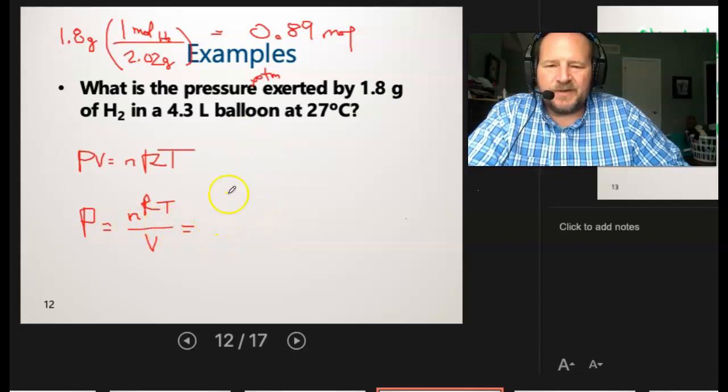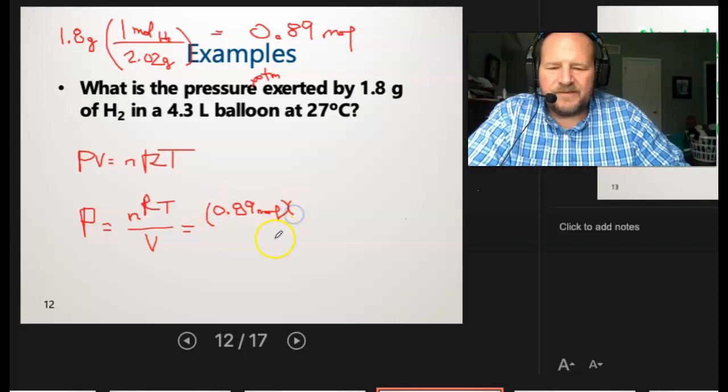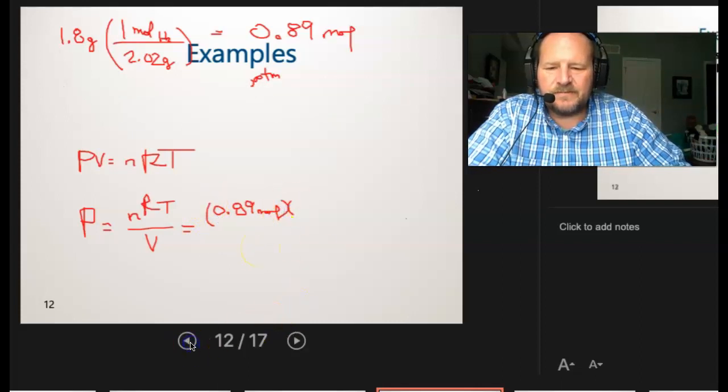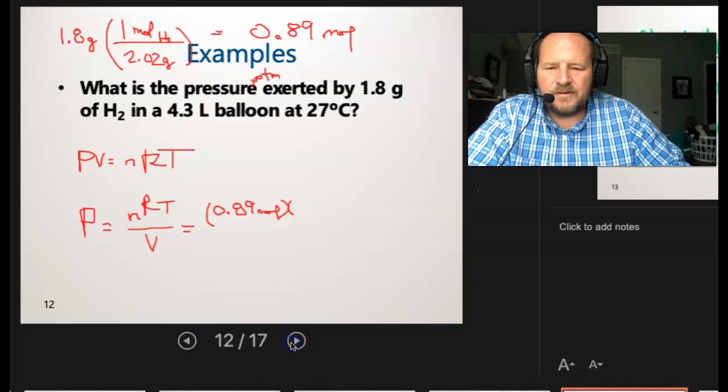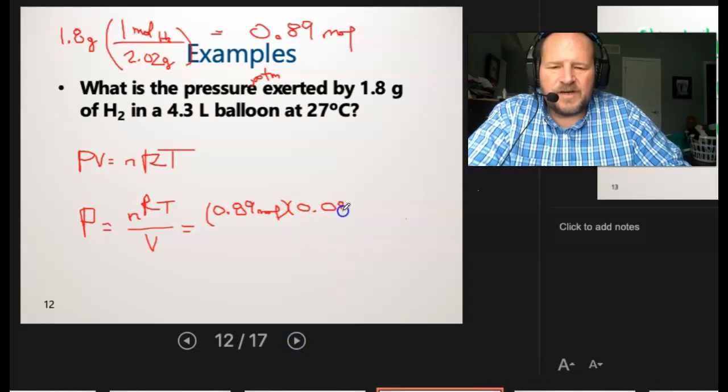So for moles then, I'm going to plug in the 0.89 we just calculated. I want to multiply that by that R. You can flip back a few slides if you need to. And it's 0.0821. That's atmospheres, liters, moles, Kelvin.